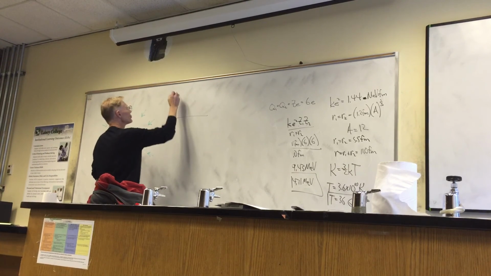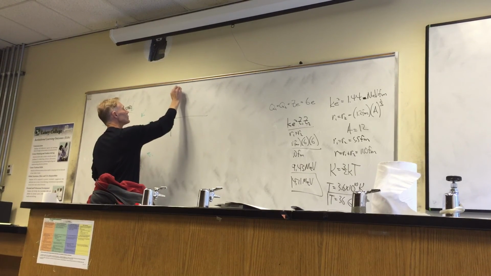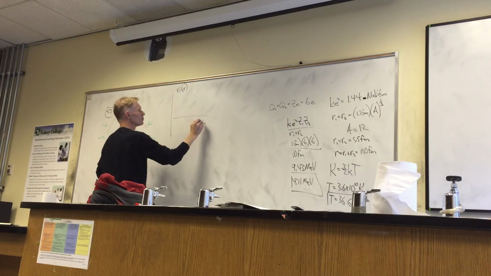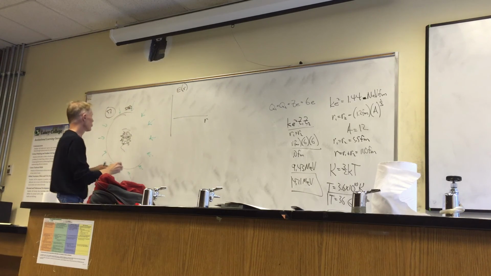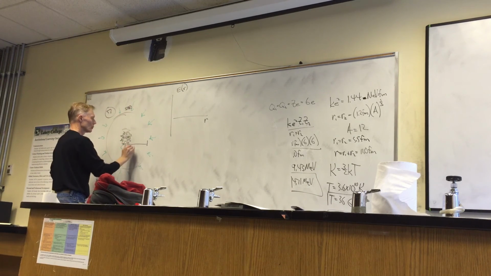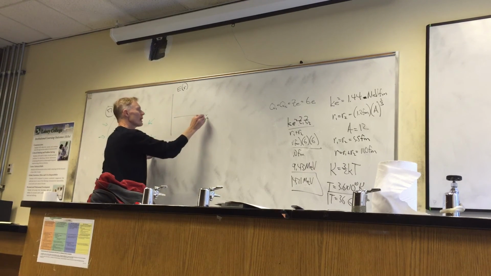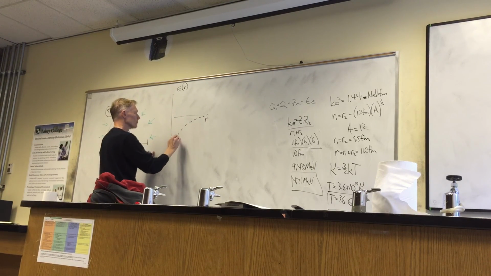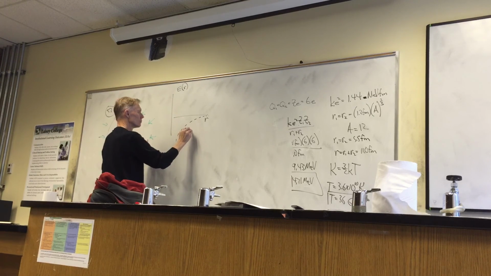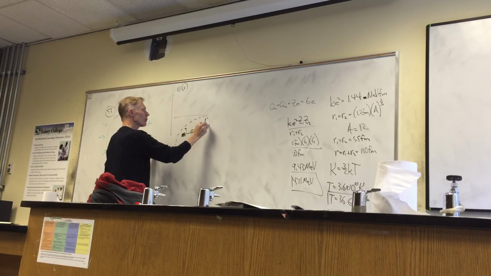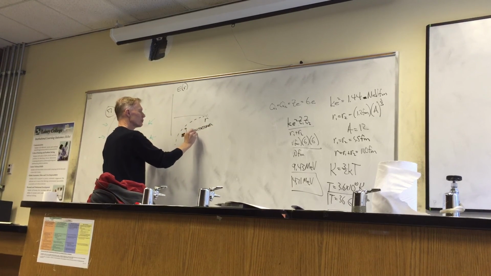let's see what happens to energy as a function of radius for this particular star. What happens is we have a gravitational effect. So we have gravitational potential energy.